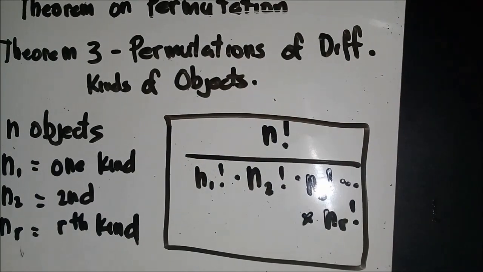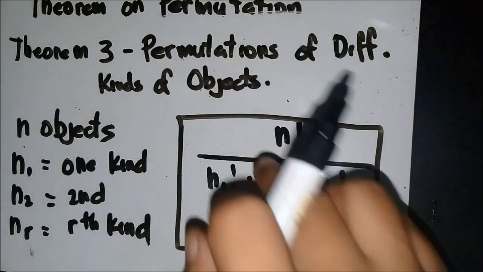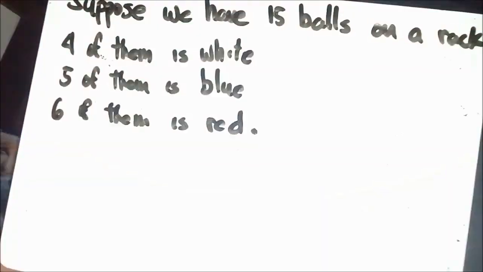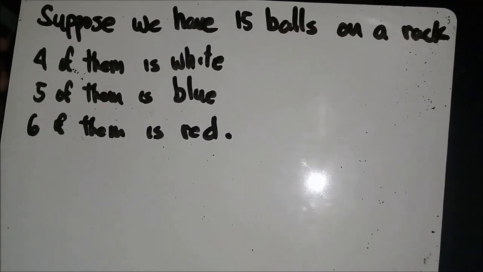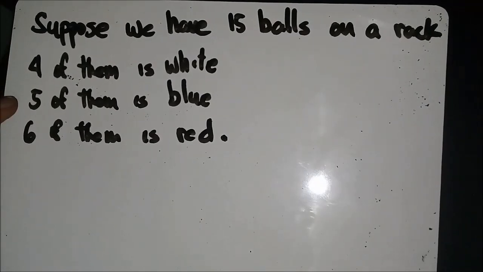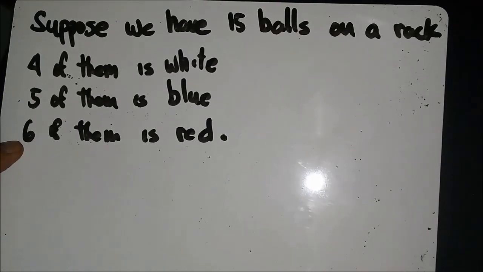For better clarity, I will be giving some examples involving theorem number 3. For clarity of theorem number 3 in permutation of different kinds of objects, suppose we have 15 balls on a rack and we want to arrange them. 4 of them are white, which is one kind, the second kind, 5 of them are blue, and 6 of them are red.